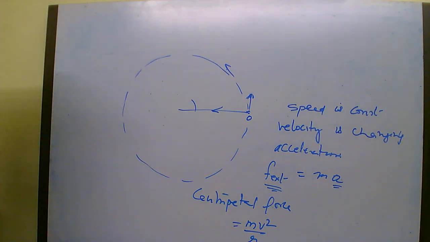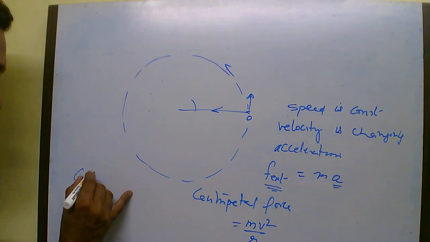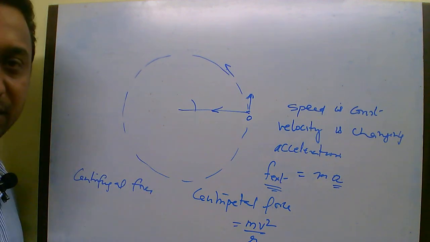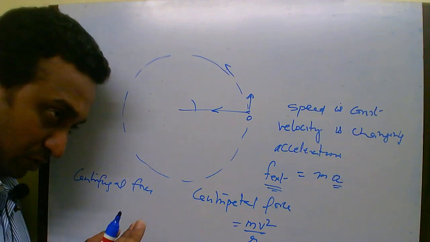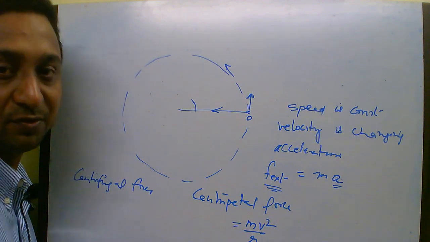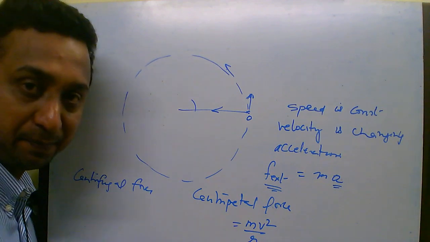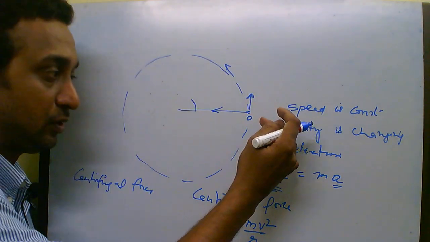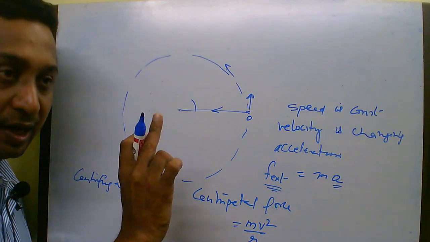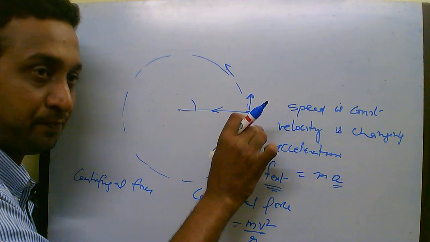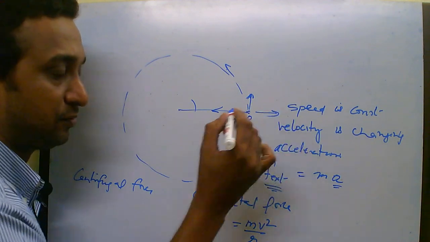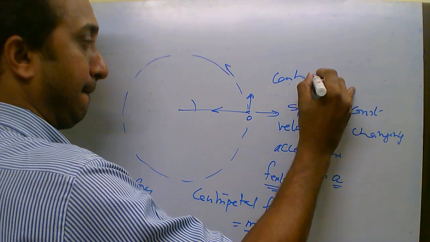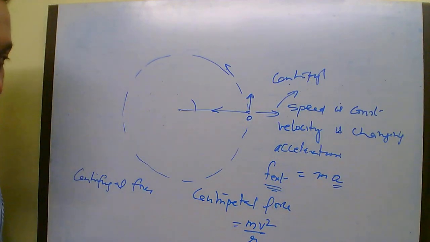Now there is another force called centrifugal force, alongside the centripetal force. Centrifugal force is considered to be a pseudo force, which is not actually present, but we have to assume that such a force is there because forces always act in pairs. So if the centripetal force is making the body move in a circular path, then an equal force should be acting on the body in the opposite direction, which you call the centrifugal force, acting in the outward direction.